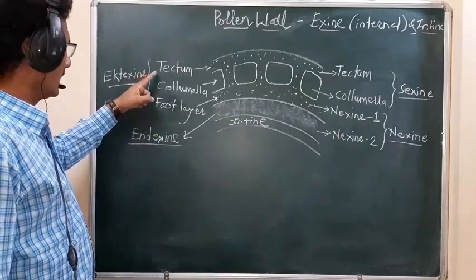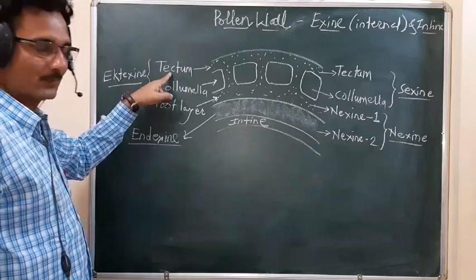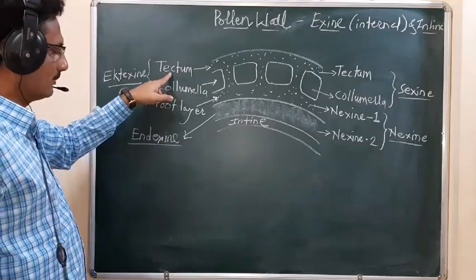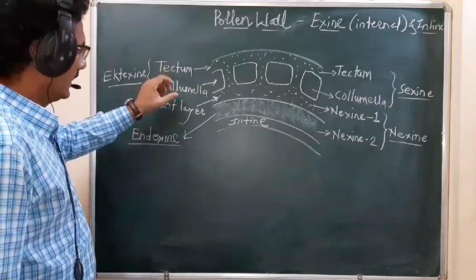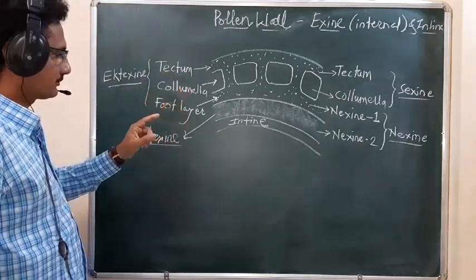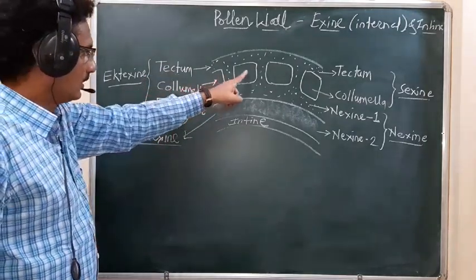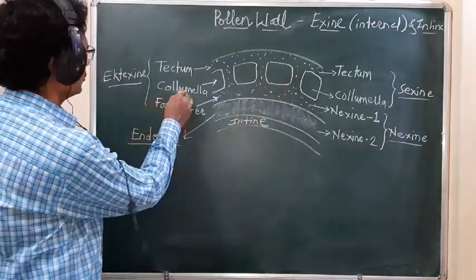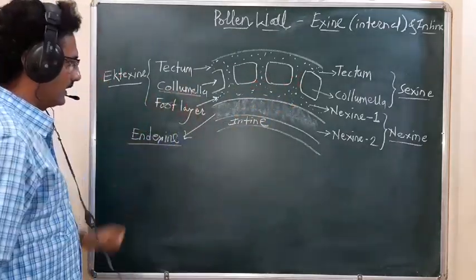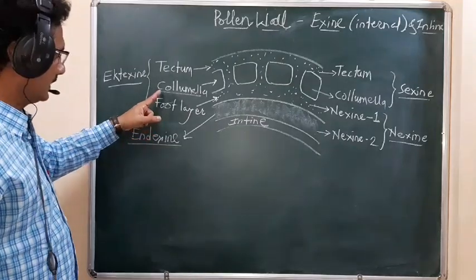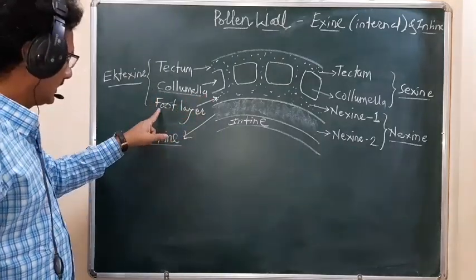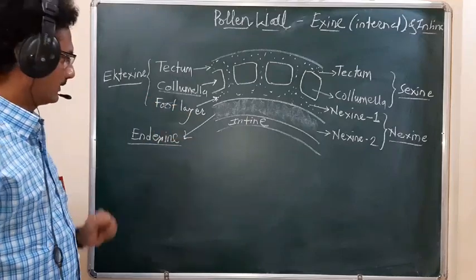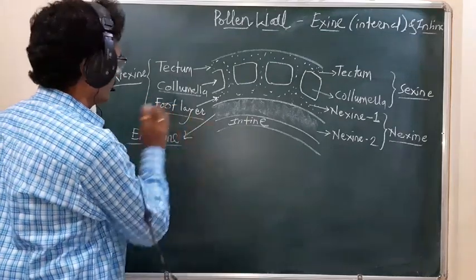The outermost layer is called the tectum. Inside the tectum, vacuole-like structures are seen. That vacuole-like structure is called the columella region. Just below that layer is the foot layer.